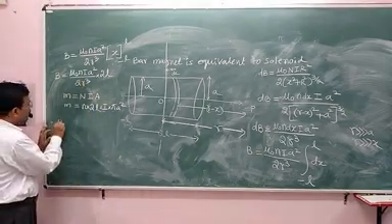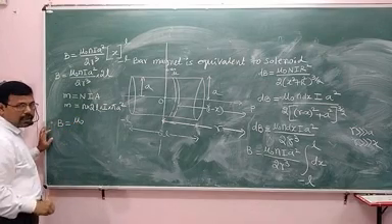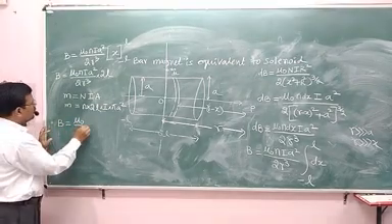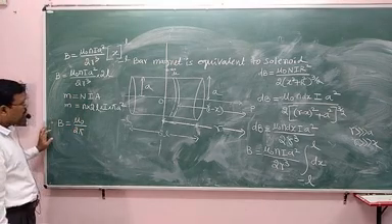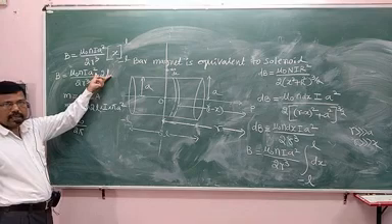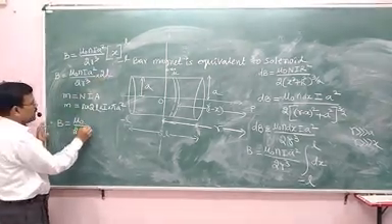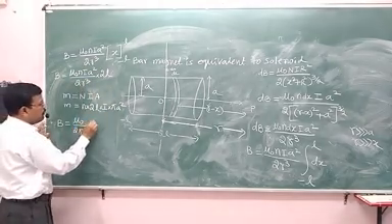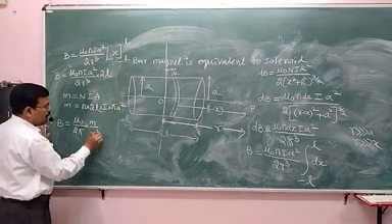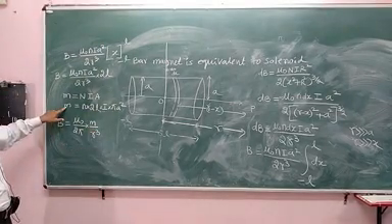So B is equal to mu naught by 2, and one pi I will take here and one pi I can write here. Then I will write all this thing as m by r cube. Because what is this?